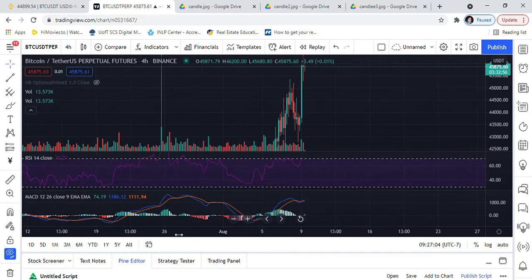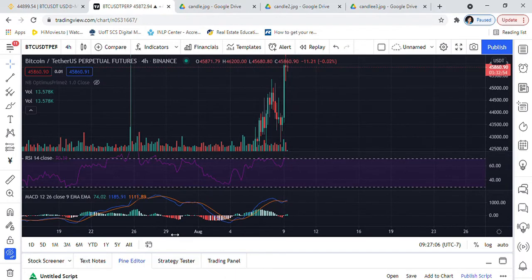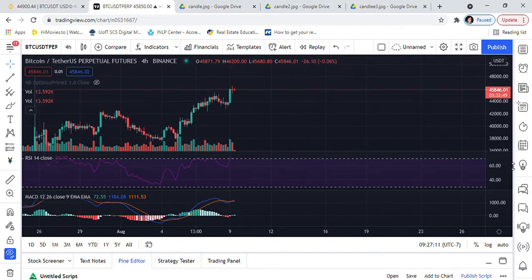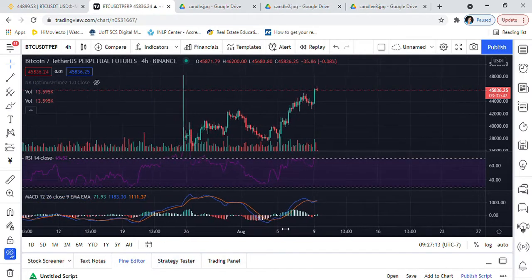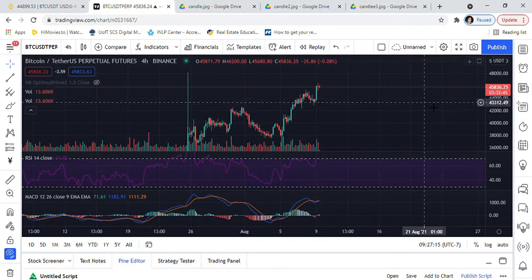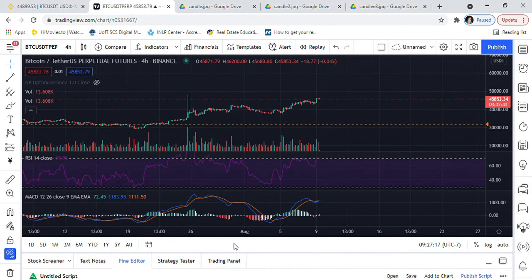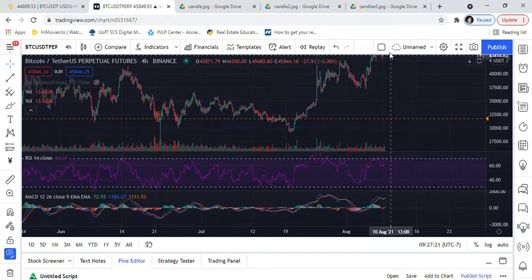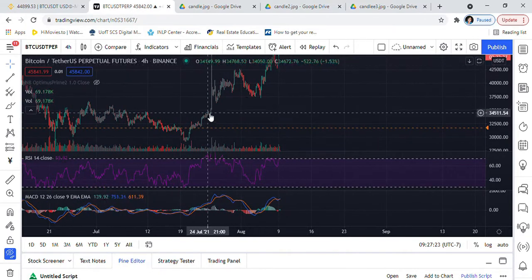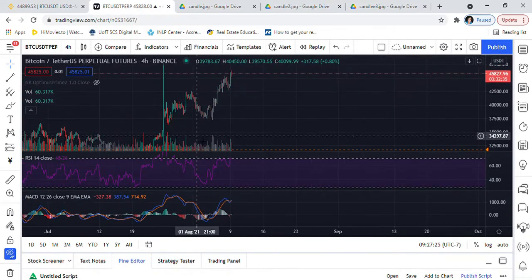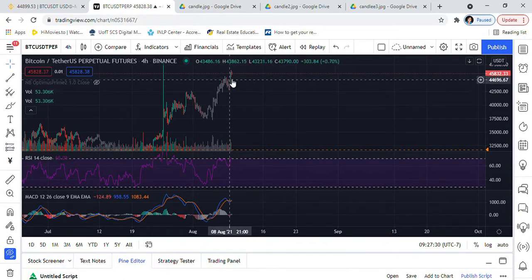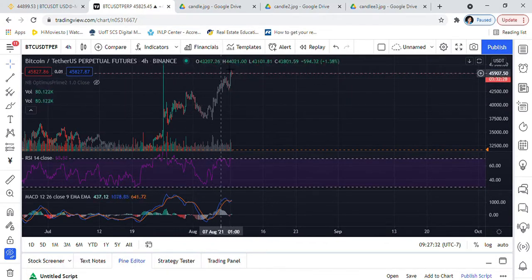Now, depending on what time frame you are in, the chart is going to be different. If I look at the 4-hour time frame, let me zoom out, it shows that the price is going up, like we're in a bull market. A bull market means that the price is going up.